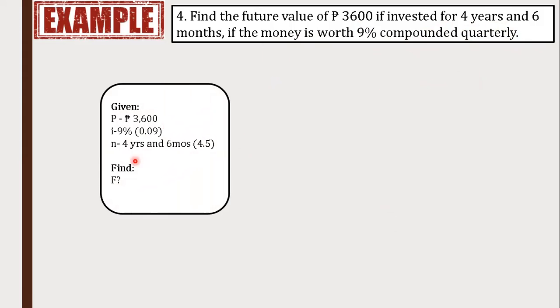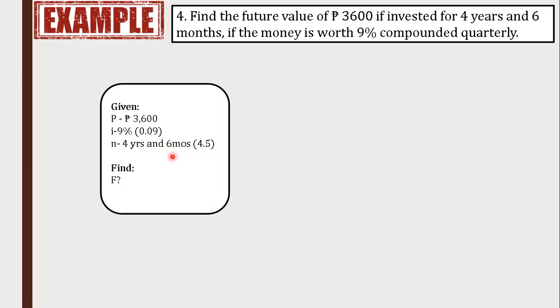That's every 3 months. So therefore, we have P, which is 3,600, interest rate that's 9% or 0.09, and N is 4 years and 6 months. And when you convert that, that's 4.5. Why isn't it 4.6? Because 6 months, that's 6 over 12, right?